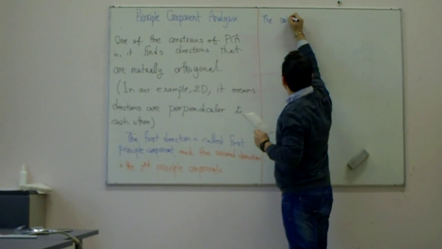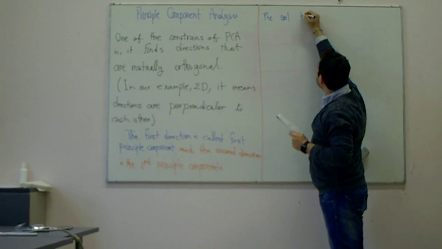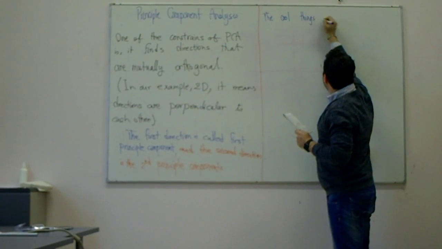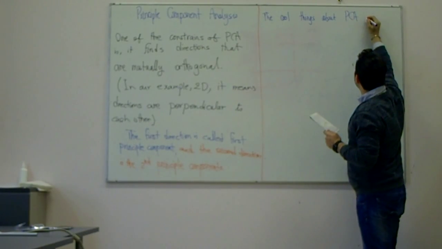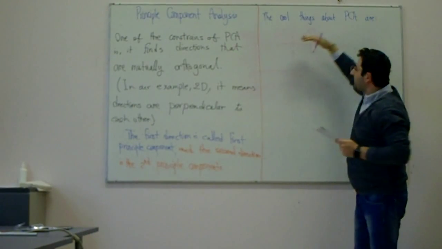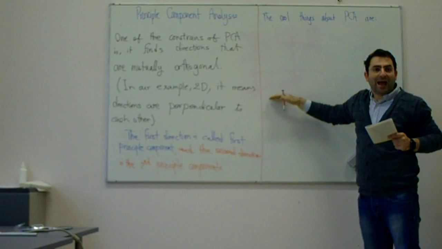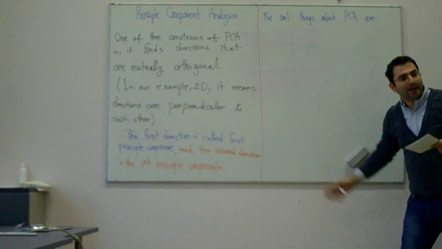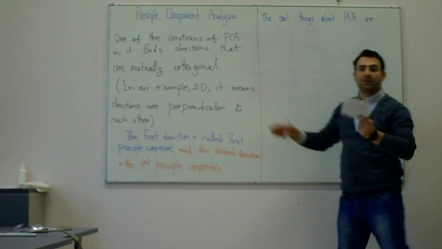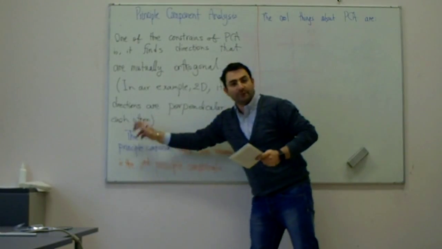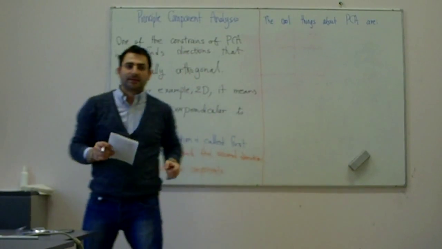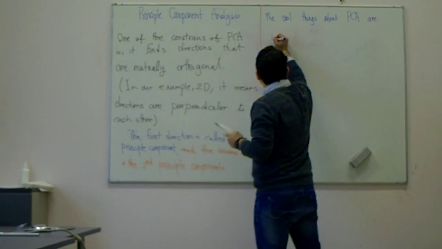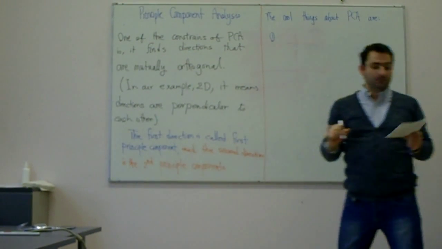Let's put it in the form of the cool things about PCA. Now, I will list them, and for each of them I may write a little bit. So don't be surprised if after 10 minutes I write number 4; you understand this is the continuation of these cool things. The first two we have already discussed. What was the first one?